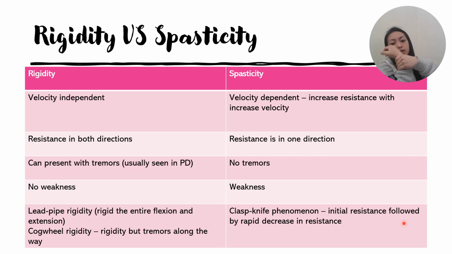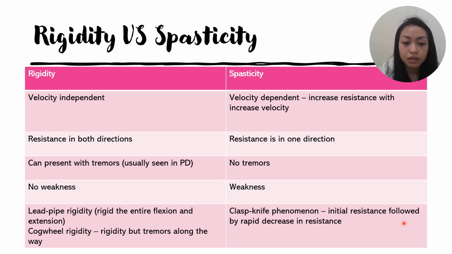It's going to be so hard to extend the elbow. But then I'm trying, and eventually it just gives out. So there's that initial resistance followed by the rapid decrease in resistance. Resistance, and then it just gives out. That is clasp knife phenomenon.